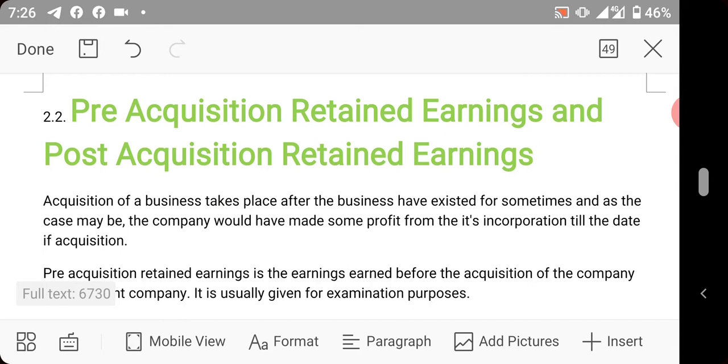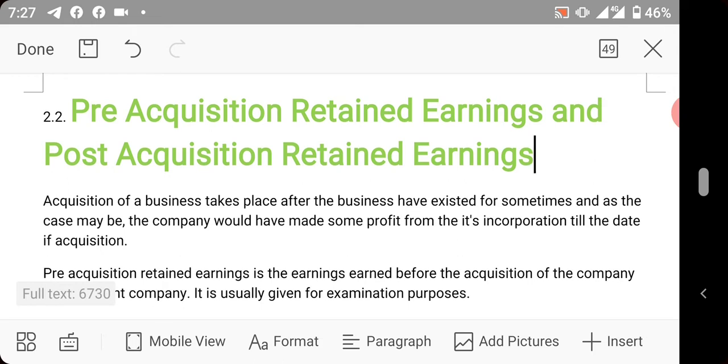In our previous class, we discussed pre-acquisition retained earnings and post-acquisition retained earnings. And in that class, I did explain that pre-acquisition retained earnings is that earnings that a company had before they were acquired. You understand?